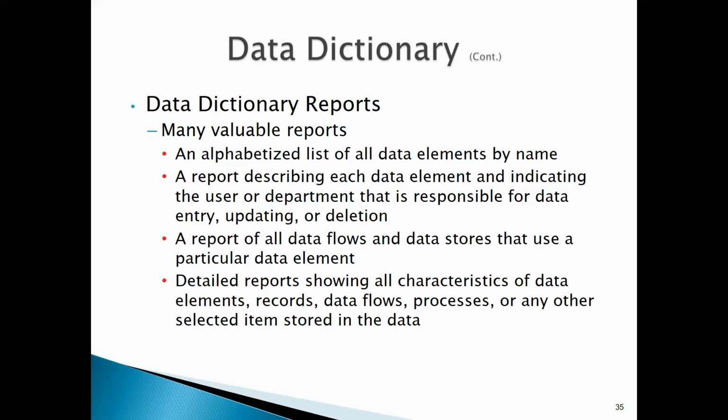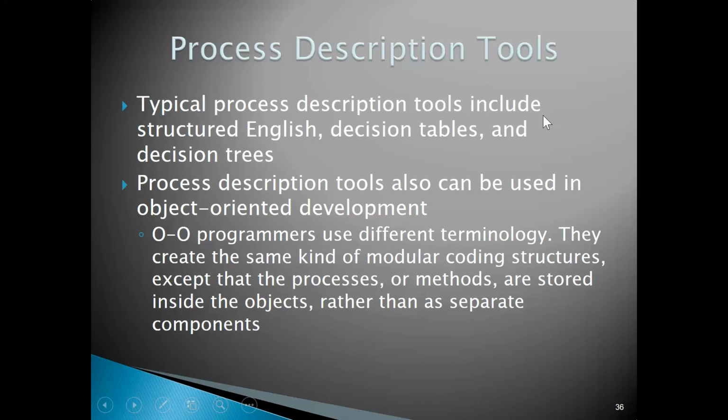So detailed reports showing elements, do a report by element, by record, by data flow, by process. That all makes sense. Start linking that data together. So process description tools. So typical process description tools include structured English, decision tables, and decision trees. The if statement, right?